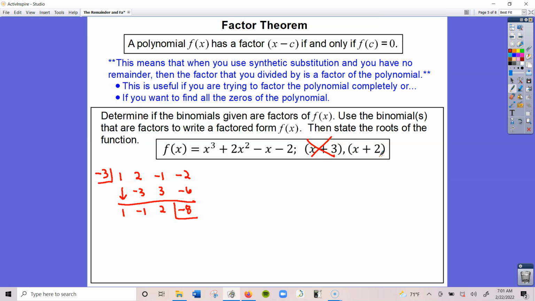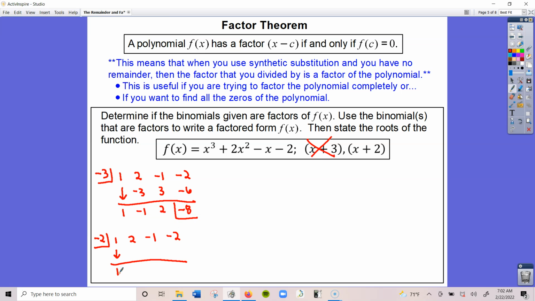So now let's check x plus 2. That would mean that -2 would go in the box, since that is what makes this equal to 0. Writing our coefficients again, we have 1, 2, -1, and -2.